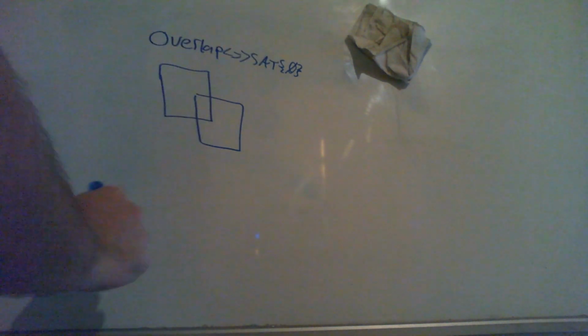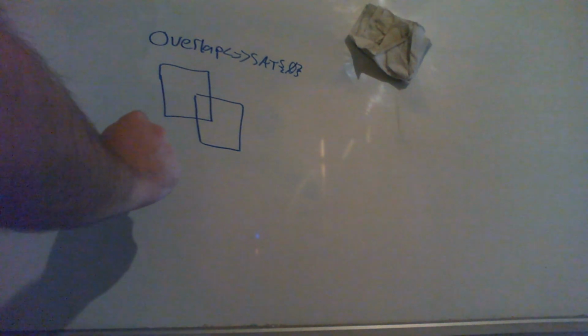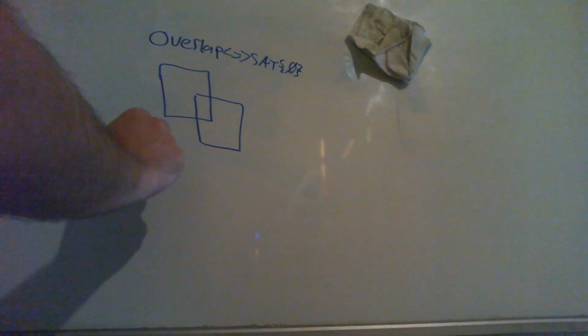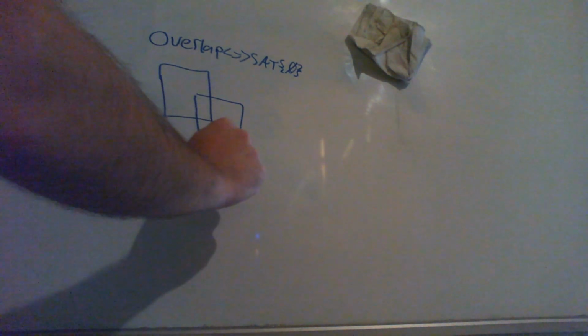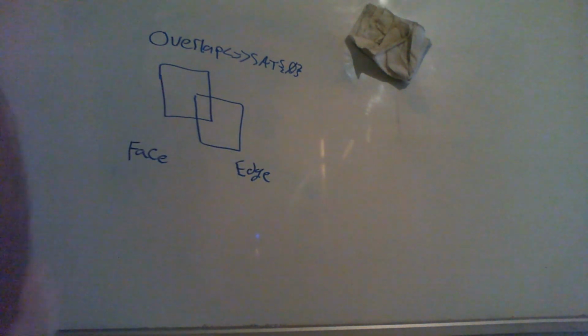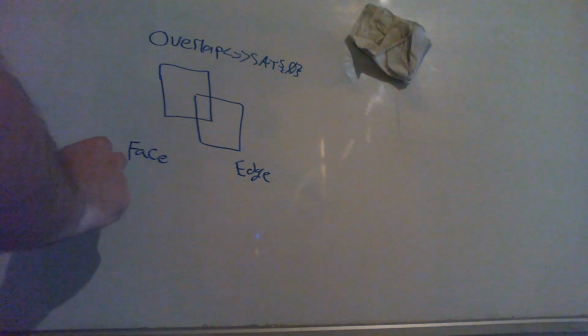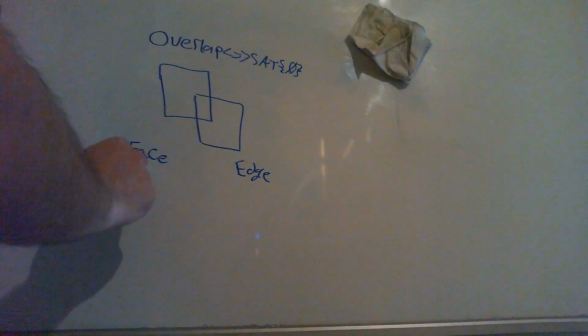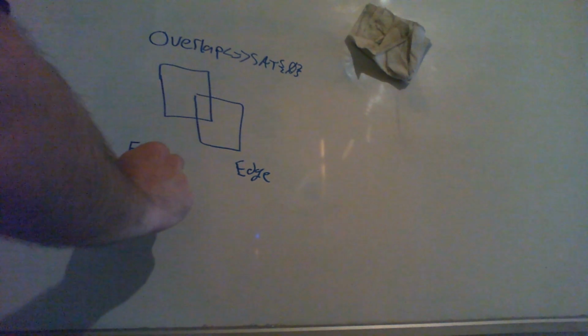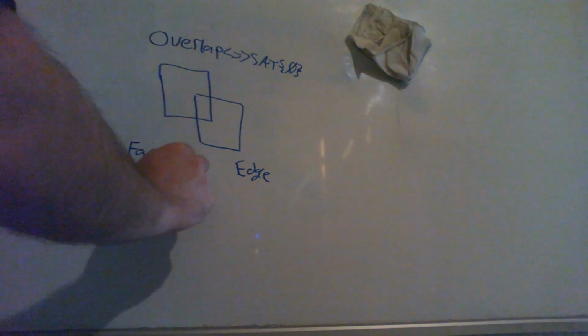So let's say we detect with SAT. We can either have detected a face contact or an edge contact. In the case of a face contact, the normal is simply going to be the normal of the reference face.